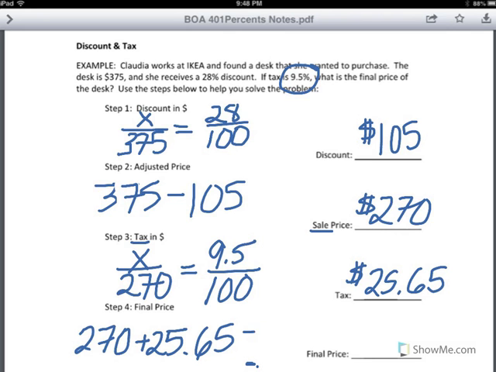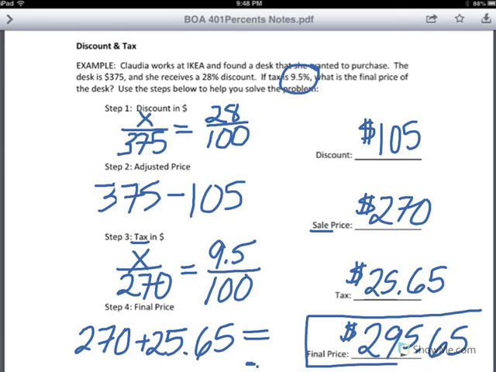My bad. So notice we subtracted the discount from the original total, but now we add on the tax. And once we add on the tax, we find that our new total is $295.65 for our final price for the desk at IKEA.